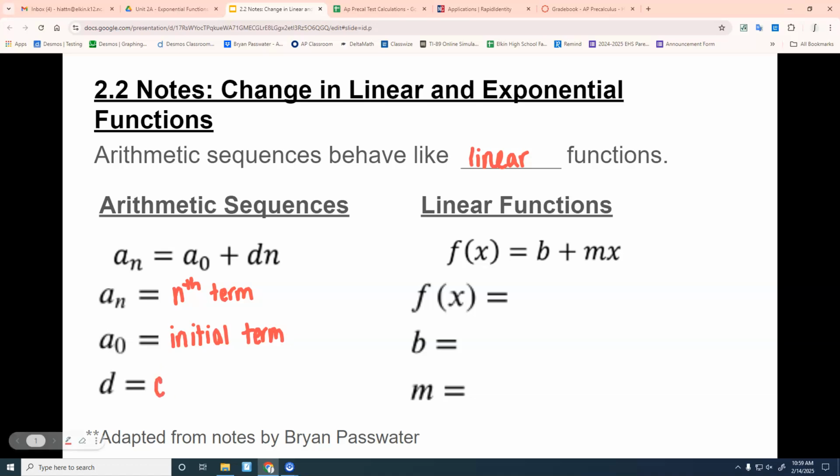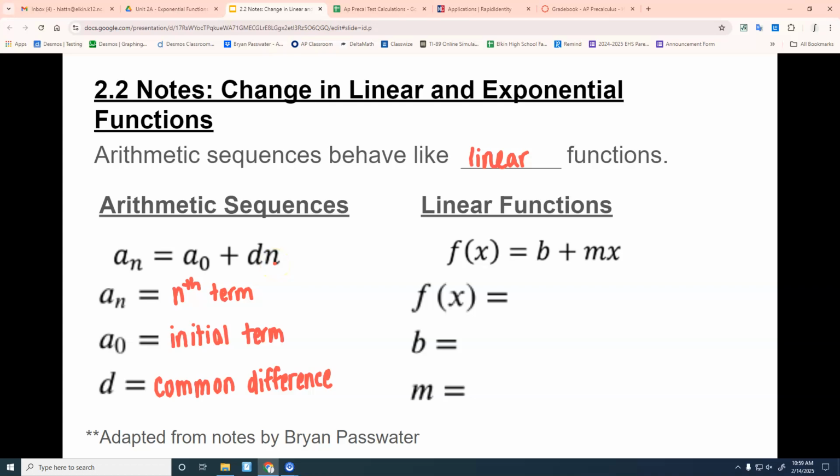And d is our common difference. And if we're writing an explicit equation for an arithmetic sequence, then we can write it a sub n equals a sub 0 plus common difference times n.